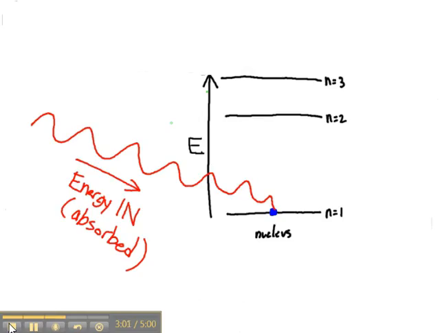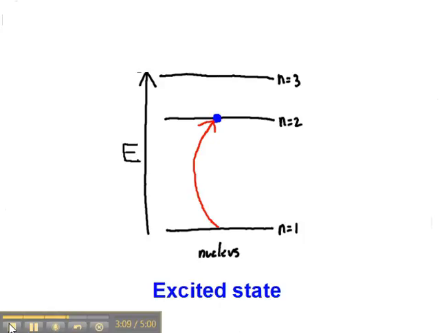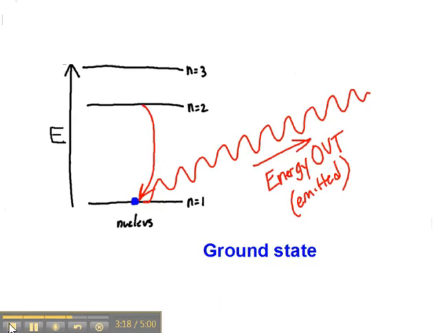Bohr theorized that when energy enters an atom and is absorbed by an electron, that electron moves from its ground state to what's referred to as an excited state. Higher energy states are not stable, and they don't last for long. And almost immediately, the electron returns back to its ground state, emitting the very same amount of energy that it had to gain to get to the excited state.